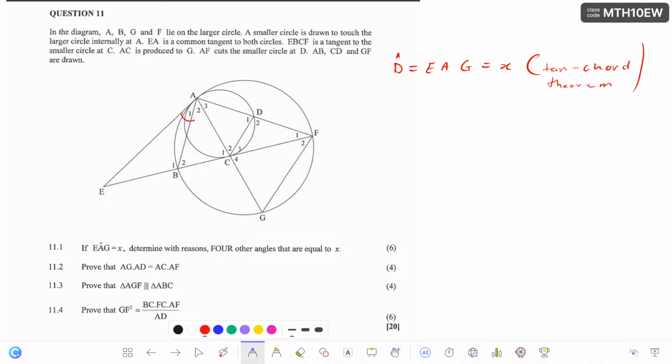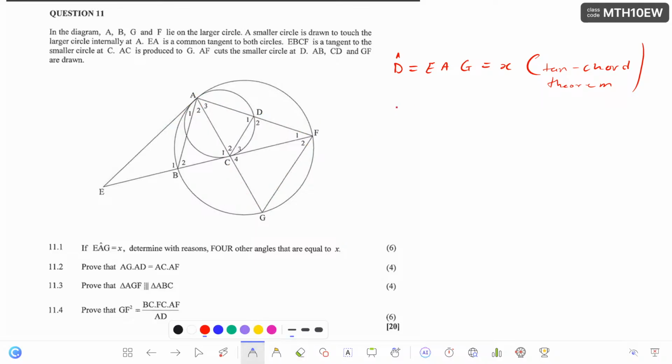So this angle here is equal to this one because you can see by this one, tan chord theorem. Yes, the second one, it's this one. So this one again is a tan chord theorem.